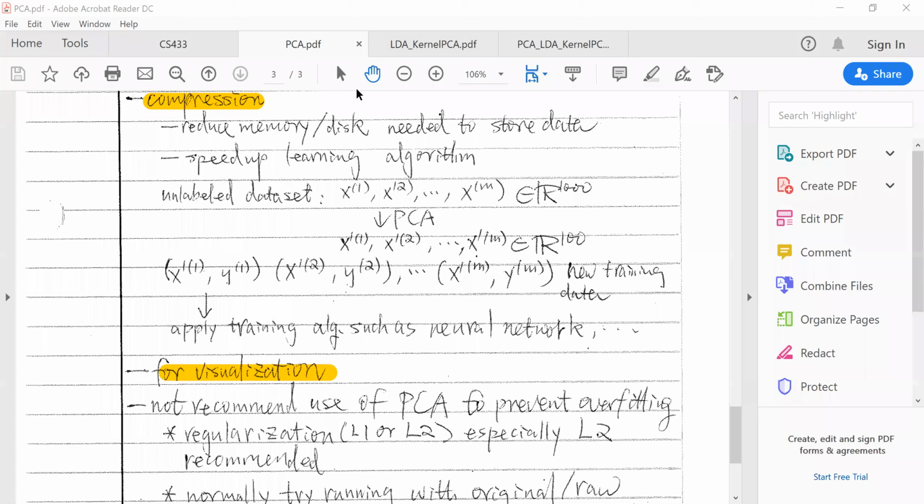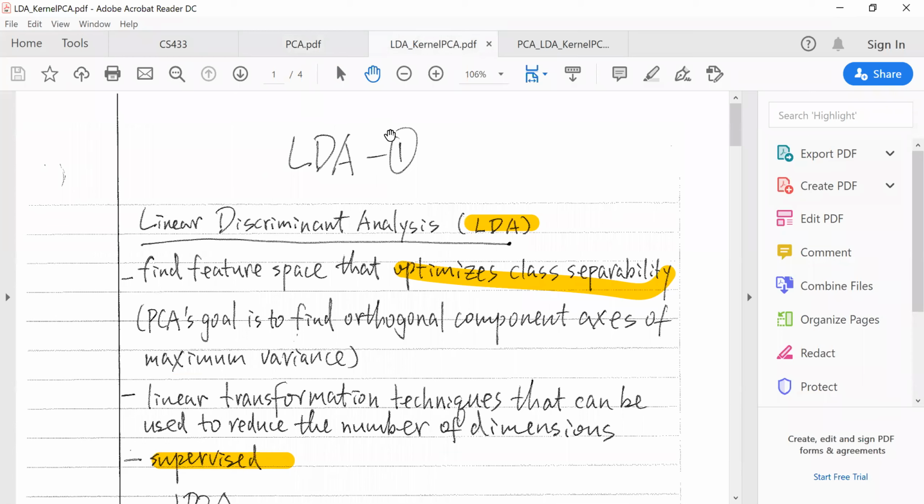The second method for dimension reduction is LDA, which we mentioned previously. Its complete name is linear discriminant analysis.